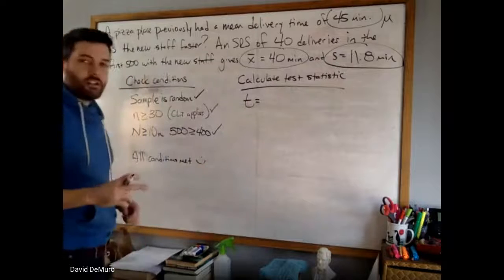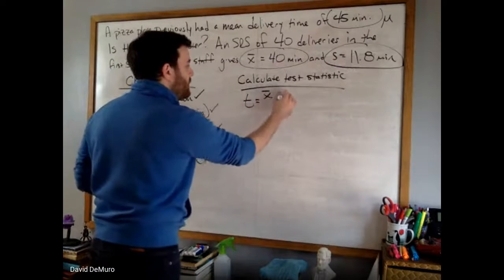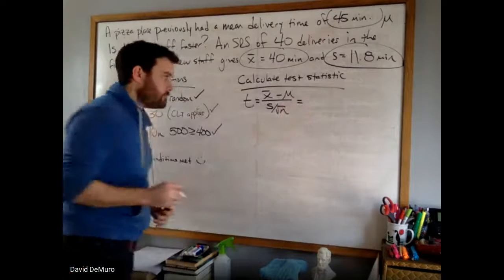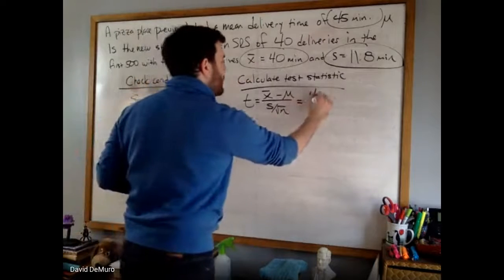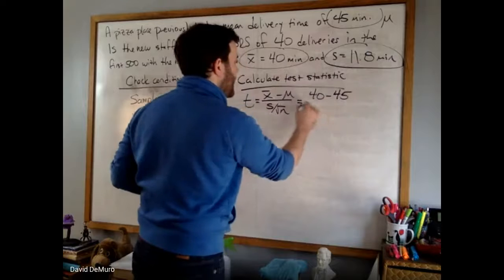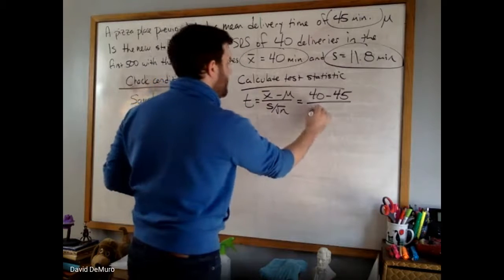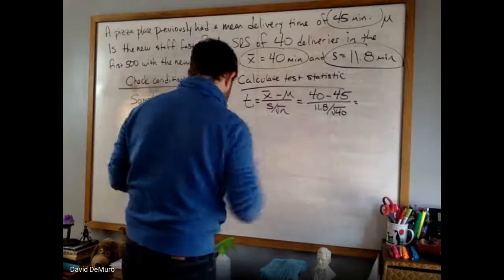So for our test statistic, remember the formula is t equals x bar minus mu over s over square root n. Well, the sample mean that we got was 40 minutes, and the population mean, hypothetically, was 45 minutes. And that's over s, which is 11.8, over the square root of n, which is 40.